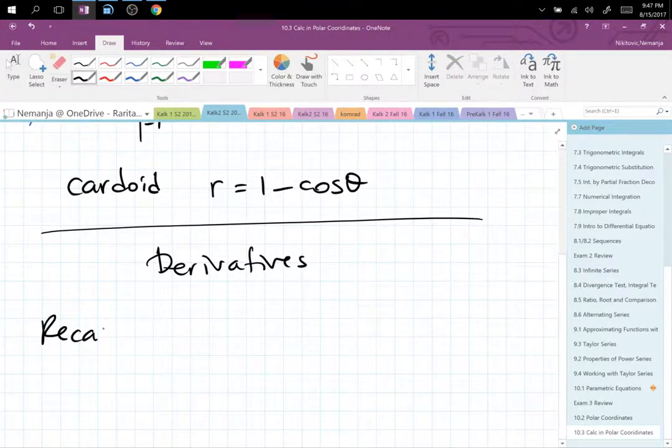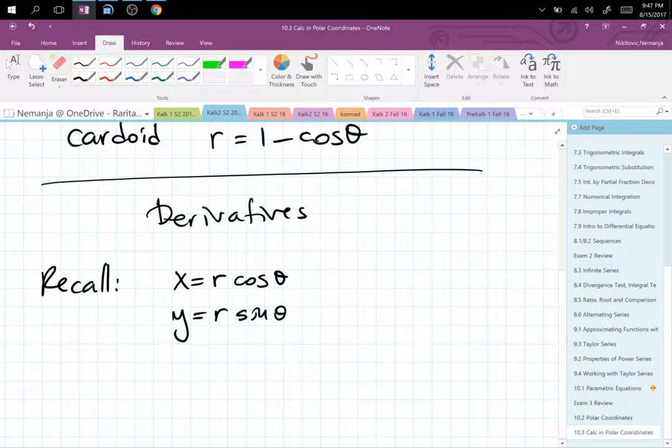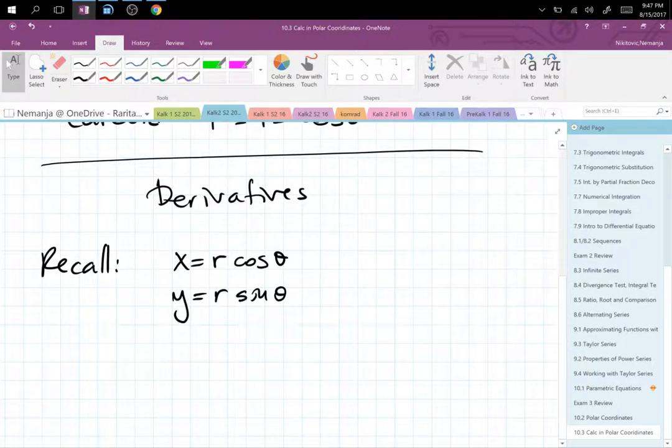Recall from the previous class that x is equal to r cosine theta and y is equal to r sine theta. This was the conversion between x and y.